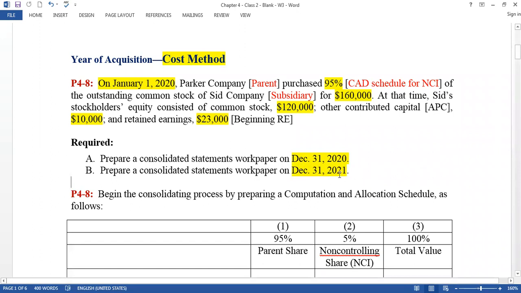I told you that we have to begin our consolidation process by preparing the CAD schedule for NCI. This is the first step you have to do.